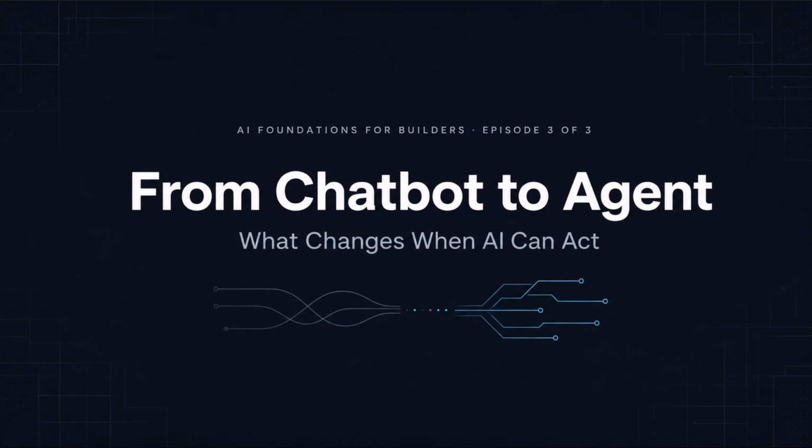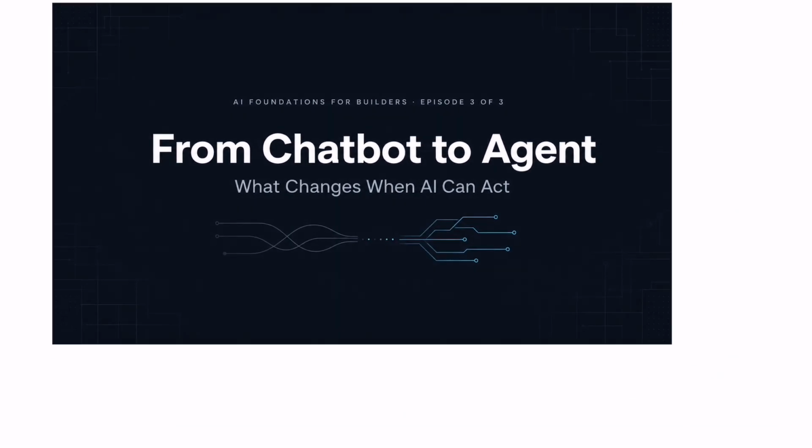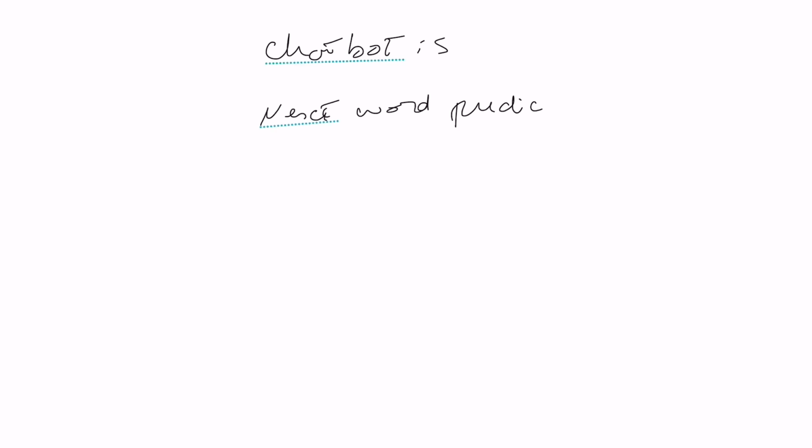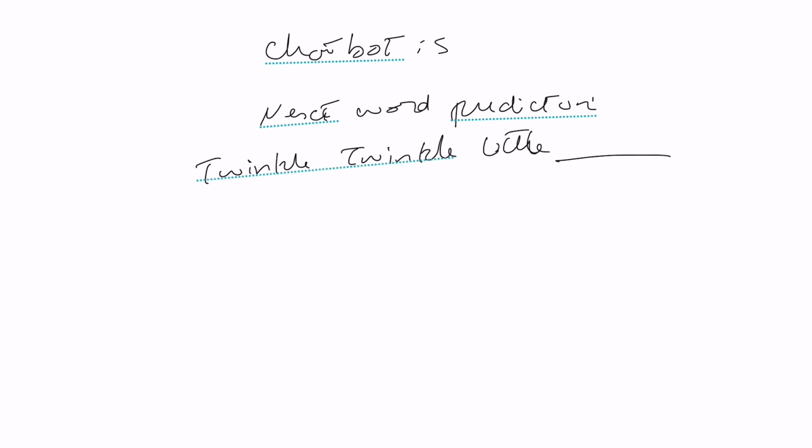Maybe I'm talking too much and not whiteboarding, so let me do that for you so that the recap videos are refreshed in your mind. In the beginning we understood what a chatbot is: next word predictors. Remember the example: twinkle twinkle little dash. It can predict.